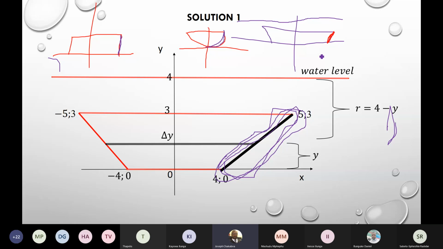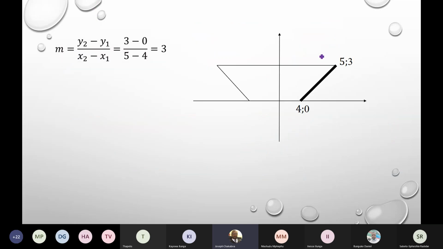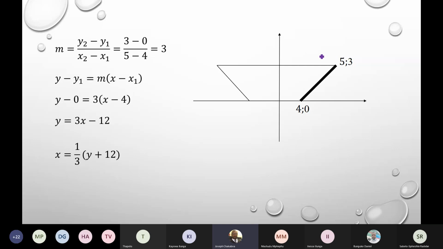So this is what we do, guys. Now let's calculate the equation. See how we calculate the equation of that straight line. Now the key part is this.